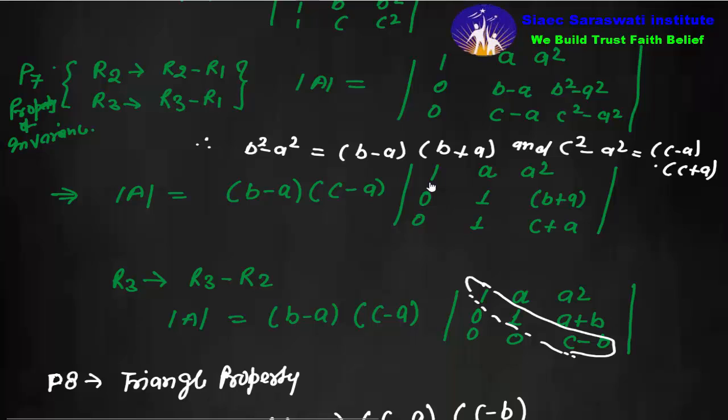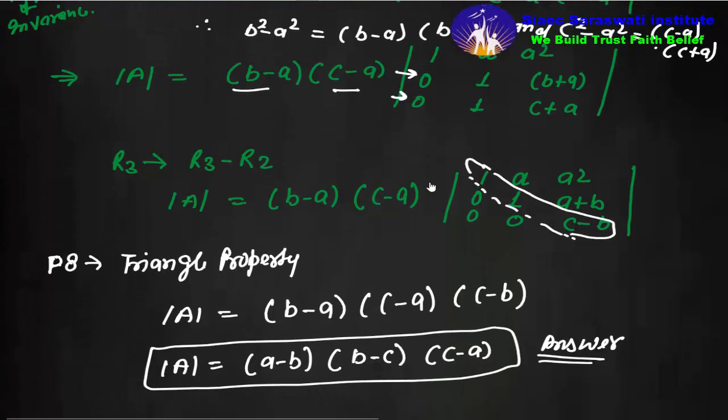So we apply these two over there, है ना। so उस वजह से हमने यहाँ पे इस चीज को b minus a and c minus a को R2 एंड R3 से हमने कॉमन निकाल लिया है, एंड देन आफ्टर हमने अगेन इनवेरियंस प्रॉपर्टी का इस्तेमाल किया है R3 माइनस R2, और जिसकी वजह से ये आपकी R3 पे इसका इफेक्ट पड़ा है, और फिर ये ट्रायंगुलर मैट्रिक्स बनने की वजह से इसका ट्रायंगुलर मैट्रिक्स का जो डिटरमिनेंट होता है वो मल्टीप्लाई ऑफ द प्रिंसिपल एलिमेंट होता है। सो 1 into 1 into c minus b, that is the answer, c minus b. So finally you get the answer.